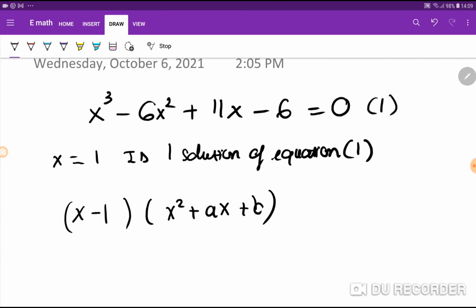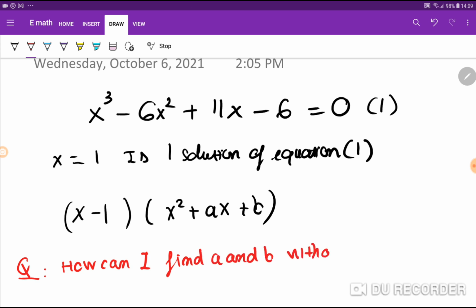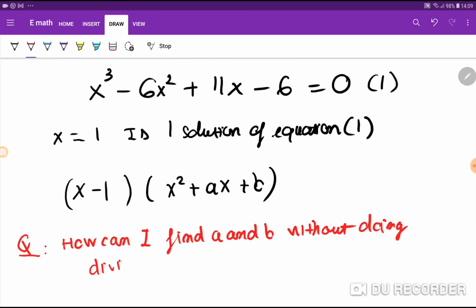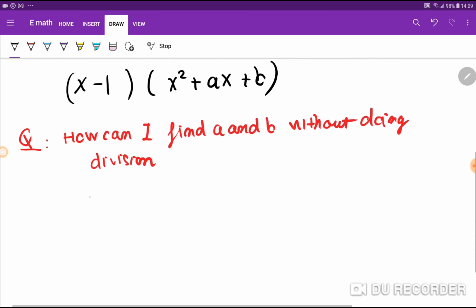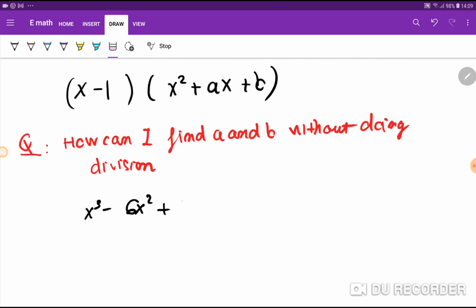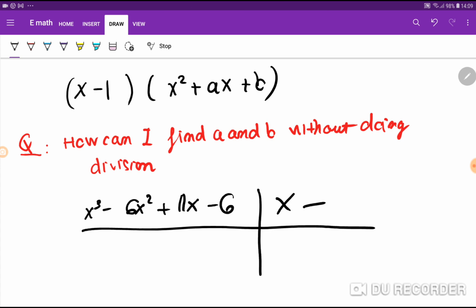Now the question is, let me write a question. How can I find a and b without doing division? What I mean is that some people will do division, and it's many ways, but people are going to do this.